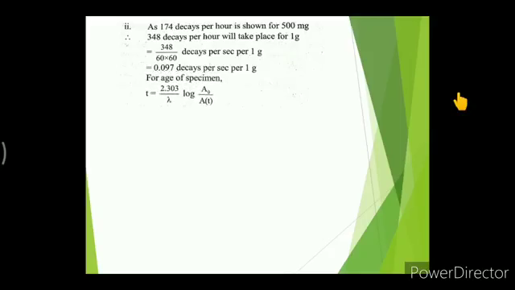For the age of the specimen, here we have to use the formula T is equal to 2.303 upon lambda into log A0 upon AT.